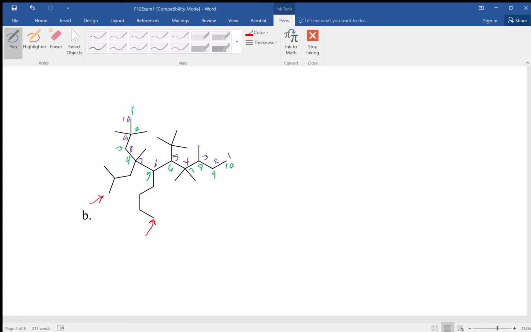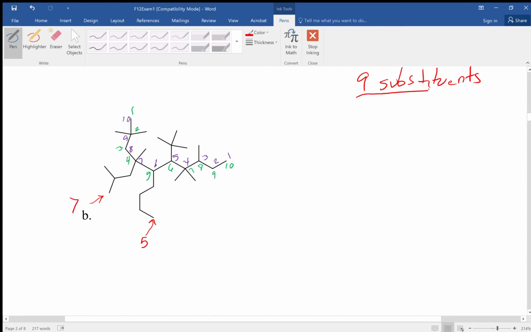So the one that we've chosen has a total of 9 substituents. So these other two starting positions that I've indicated are also both 10 carbon chains. However, the first one, the one on the left, only has 7 substituents, and the one on the right has just 5 substituents. So we want the one that has the most substituents.